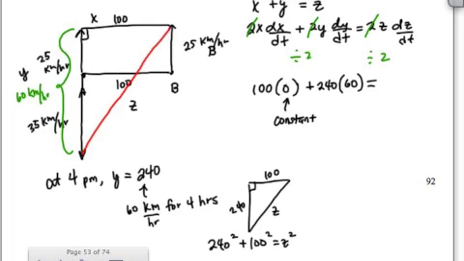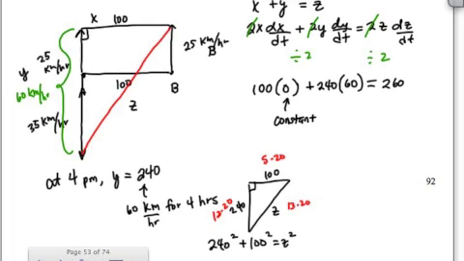You'd end up with 260, because I know it's a 5, 12, 13, another common Pythagorean triple. See how this was 5 times 20, this was 12 times 20, and this would be 13 times 20. So I get 260.